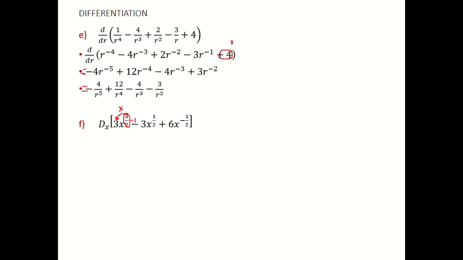3 times 3 over 2 is 9 over 2, and then when you minus 1 from 3 over 2, you will be left with a half. Okay. A half times 3 will be 3 over 2, and a half minus 1 will be a half.